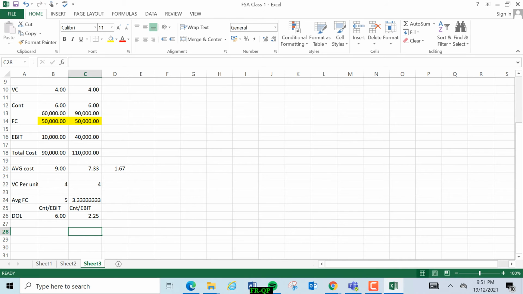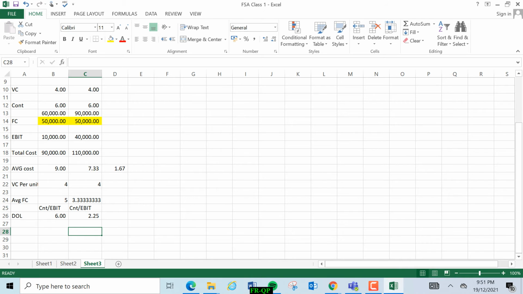So the formula is contribution divided by operating income, that is, contribution divided by EBIT.